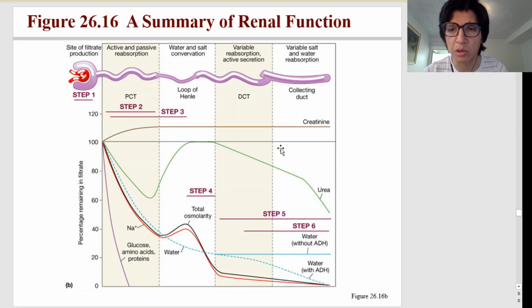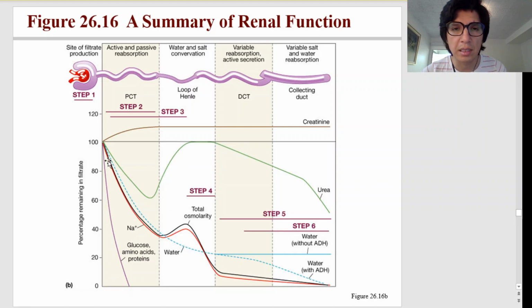This is a portion that's permeable to urea, but at the same time, this urea is being released near the loop of Henle, and the loop of Henle does reabsorb some of that urea. It's part of this urea cycle that allows these concentration gradients to be present.